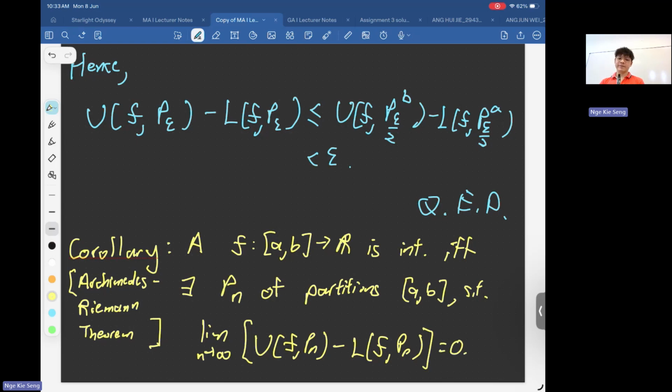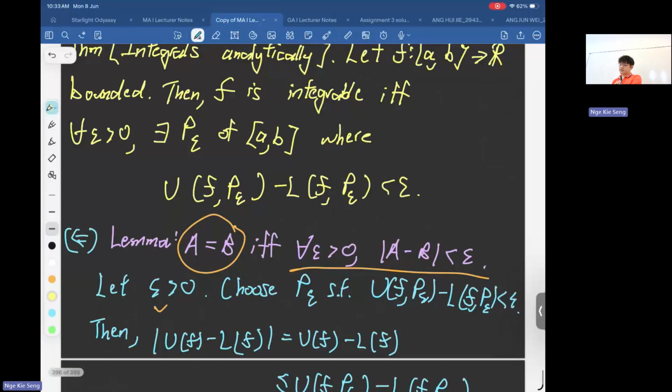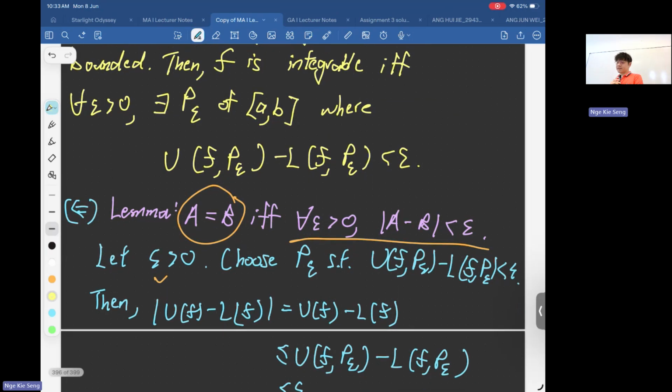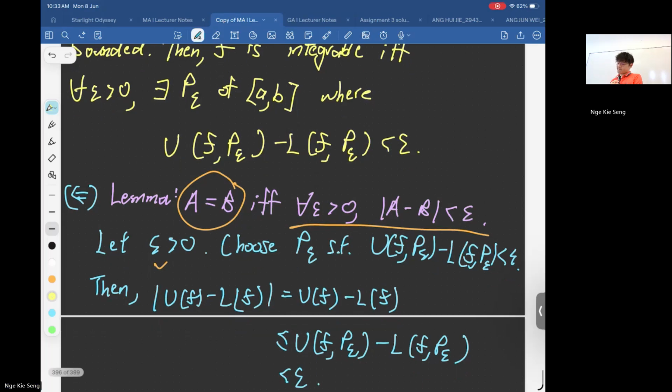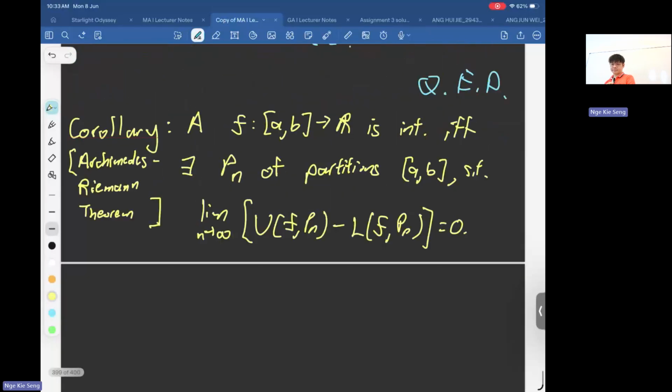You can try to reproduce it yourself. It is just changing this epsilon P to an epsilon n argument. It's like what we did last time.